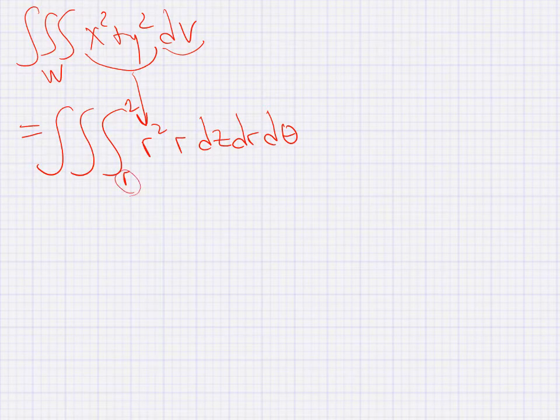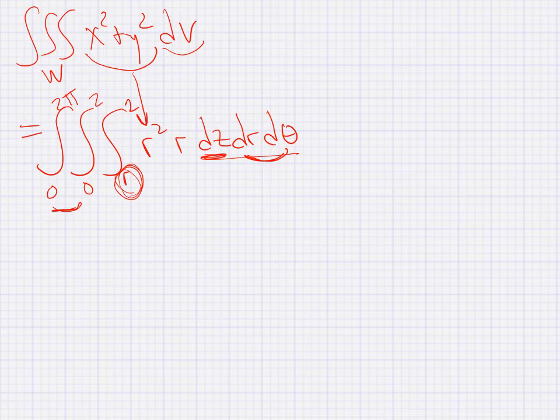R and theta, the order we can mess around with, because they were between constants. R was between 0 and 2, and theta was between 0 and 2 pi. I'll just leave it in this order since that's how I wrote it down. But we could rearrange these two integrals since everything's constants there. But z does have to come first because of the function value, the fact that there's an r here.